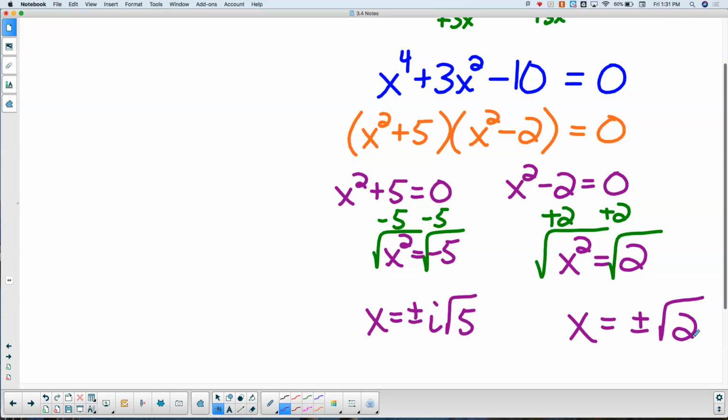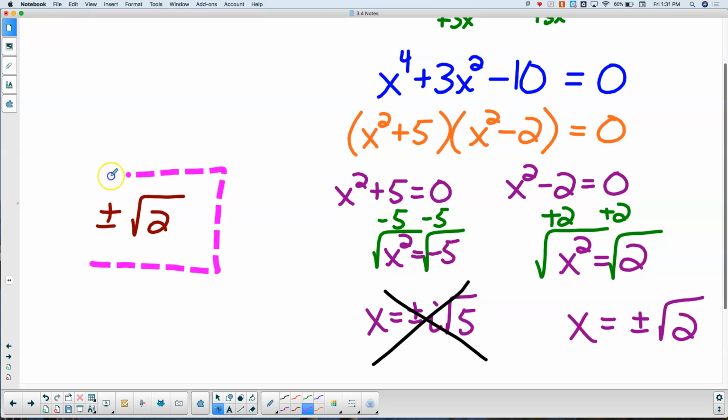Are all of them real? No. Which ones are not real? The imaginary ones. These 2 imaginary ones are not real. So they're not part of my answer solution because it only told me to give all real answers. So the only answers there that I would give are plus and minus the square root of 2.